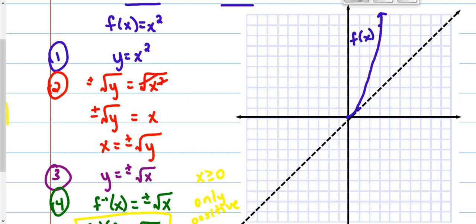Then, when we graph our inverse, you can again get a table. It's the square root function. So I have 0, 0, 1, 1, 4, 2, 9, 3, and we can graph that function.